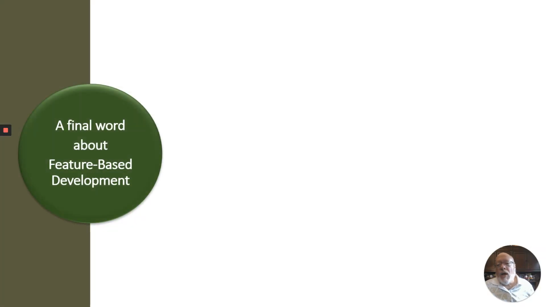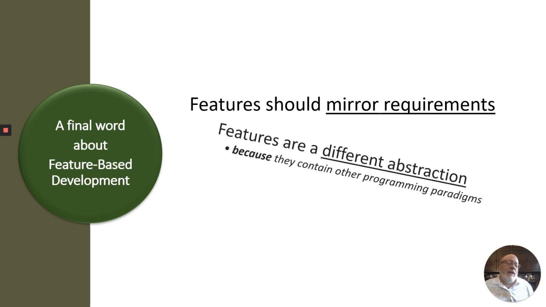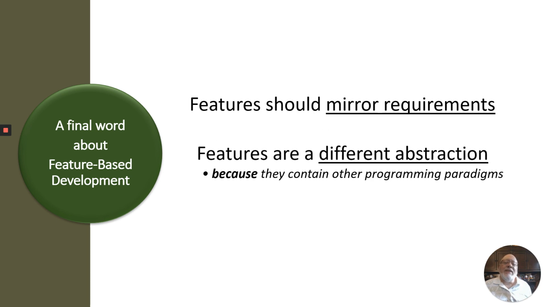All right, before we wrap it up, I'd like to talk about one last thing on feature-based development. We've already mentioned that features should mirror requirements. This is something that really is what makes your code intuitive. These requirements could be either end-user requirements or lower-level system requirements. The second item we really haven't talked about, but that is that features are really a different abstraction from other programming constructs or paradigms.